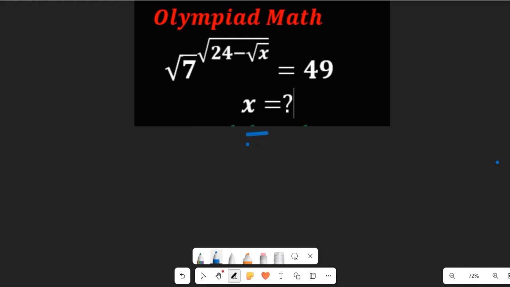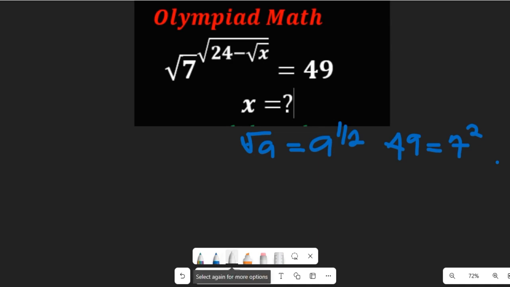From indices, we know that the square root of a can be equal to a to the power of 1 divided by 2, right? And 49 can be broken down into 7 squared. So we can simplify that expression.